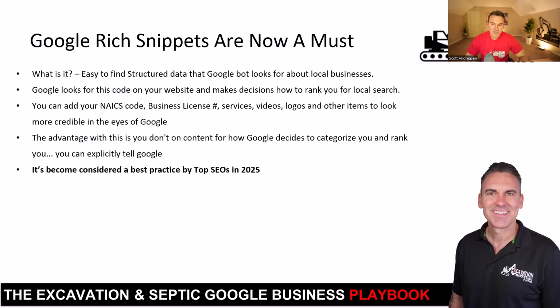And the advantage of this is, of course, you may have good content on your site, you may not. It's a good backup that if you don't have enough content, you are telling Google exactly how to categorize you and help rank you. And this has considerably become one of the best practices by top SEOs in 2025.